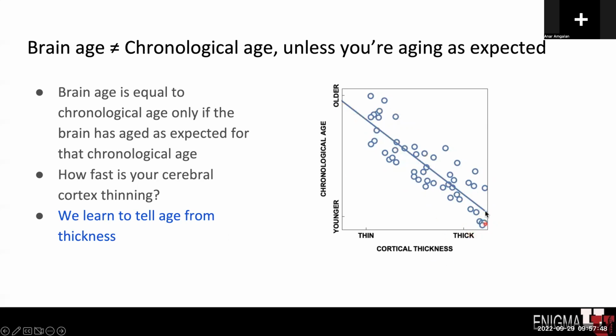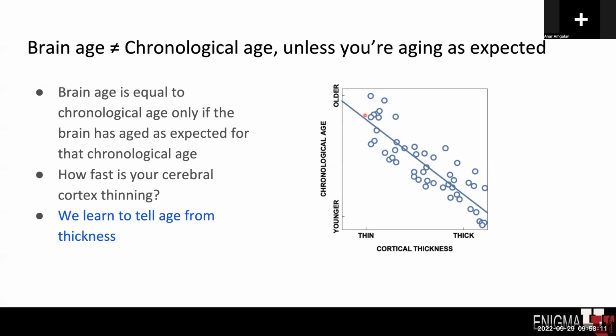You start out here, very young, with a very thick cortex, and people move along this trajectory as time goes on, their cortex becomes thinner and they become chronologically older. If you're staying on this line, you're aging exactly as expected and your brain age is exactly the same as your chronological age.